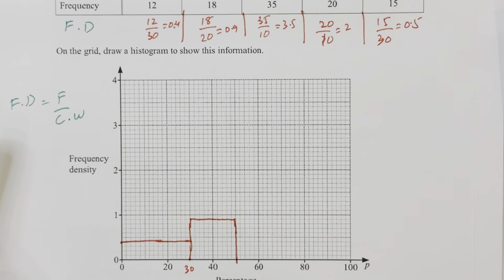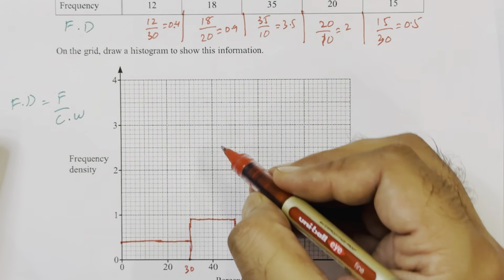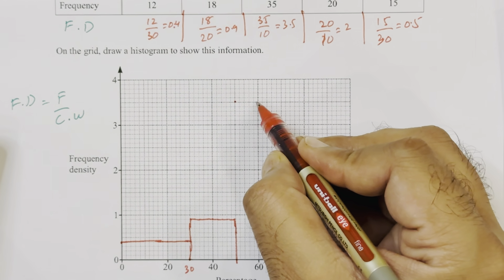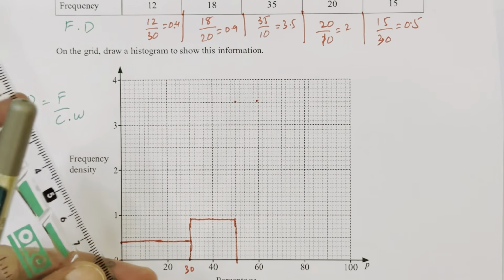Then the value between 50 to 60 is 3.5, and 3.5 would be over here. So now I'm using the scale.